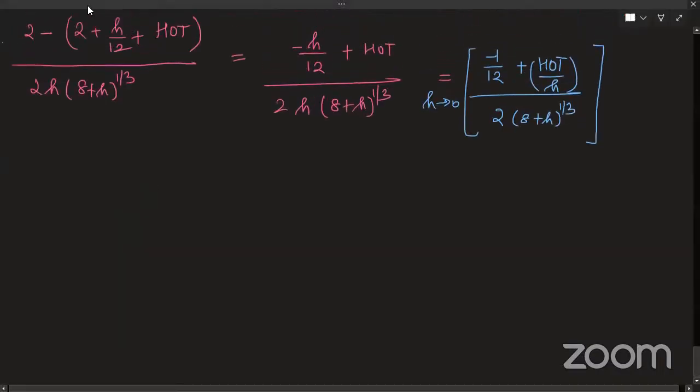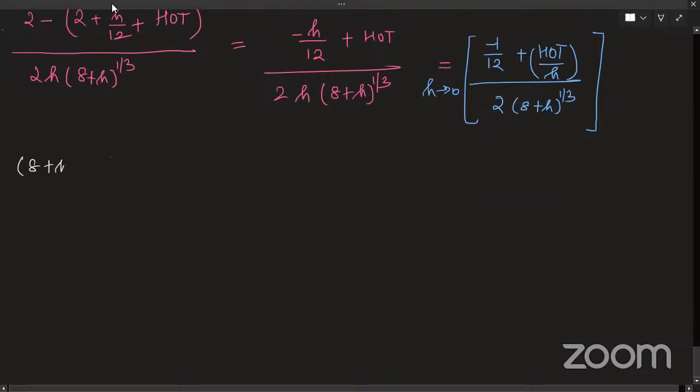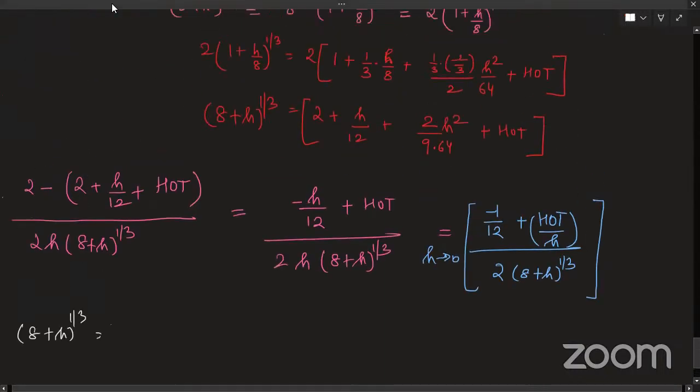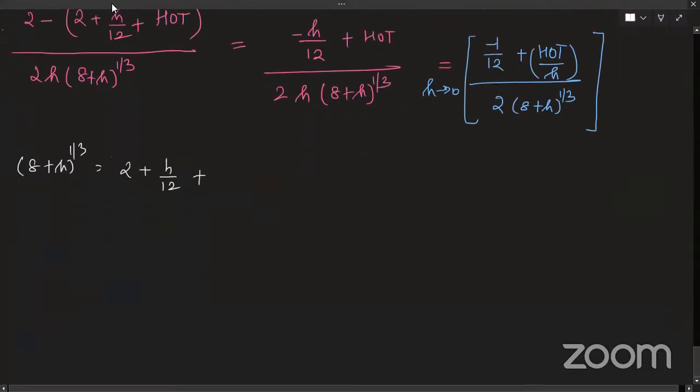See, when I'm expanding (8 plus h) to the power of 1 by 3, the first two terms I got as 2 plus h by 12. After that, I will get some constants. I'll assume those constants as C1 h square and C2 h cube, C3 h raised to 4, and so on. I'll get such terms.